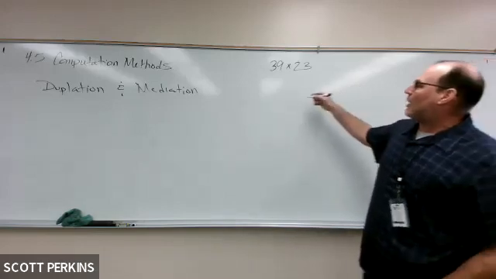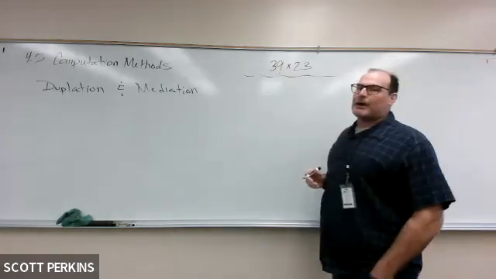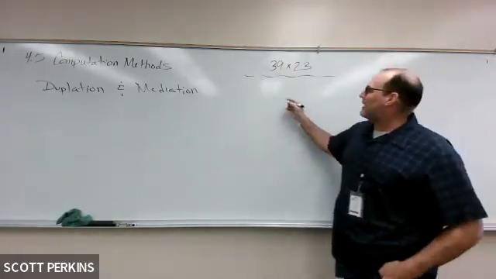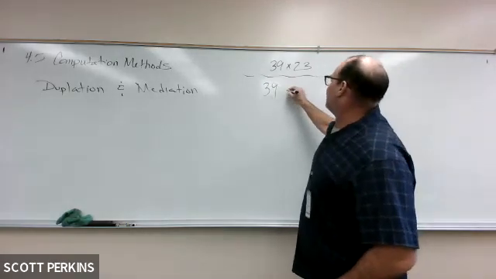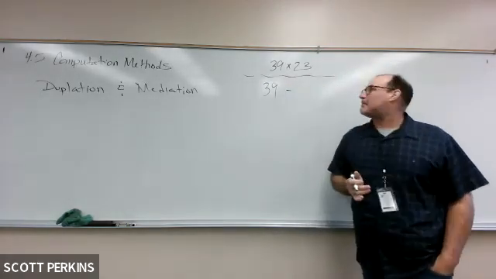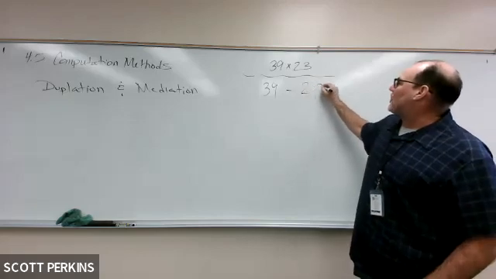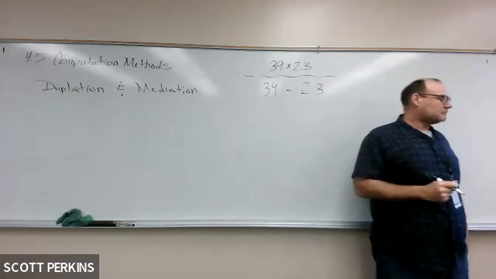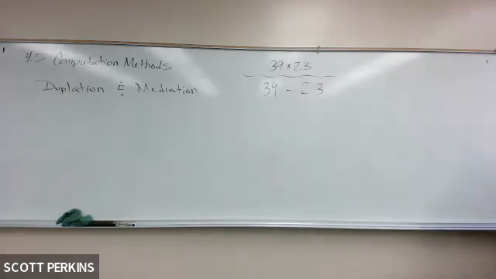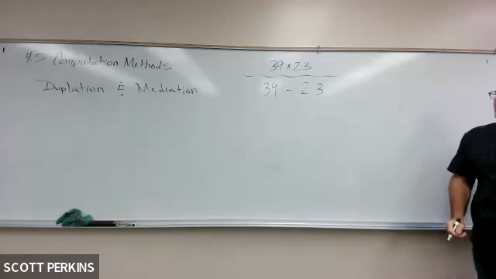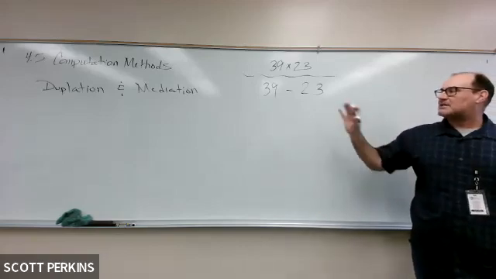We are going to take our multiplication problem and we are going to create two columns. We're going to create a column for 39. I'm just going to put a little dash just to keep them separate. And then we're going to create a column for 23. Now it does not matter which column you do with either of these things. You could do this just as well the other way, but I'm just going to stick on the left.